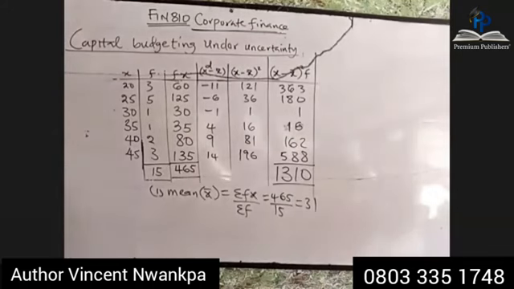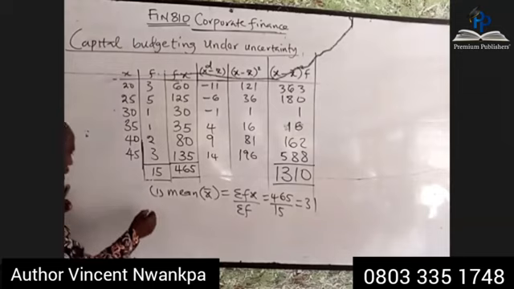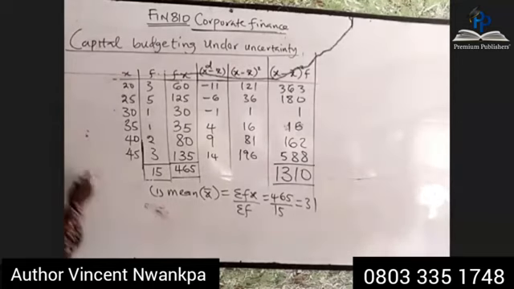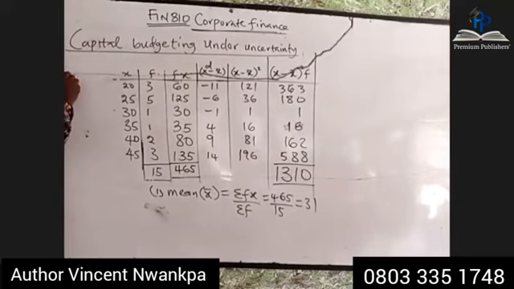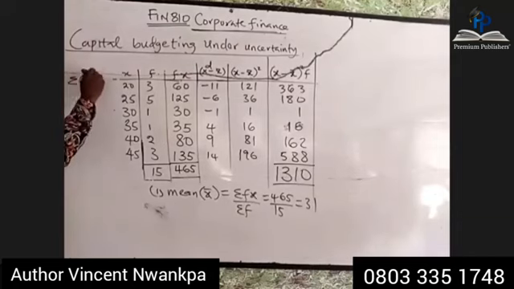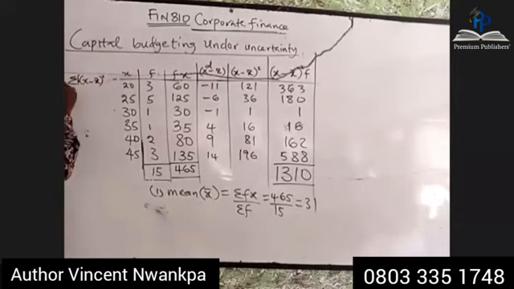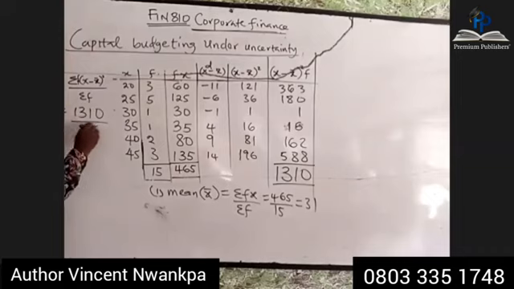Roman figure 2: variance is the summation of f times x minus x bar, all square, all over the summation of f. This is 1310 all over 15. That will be our variance.